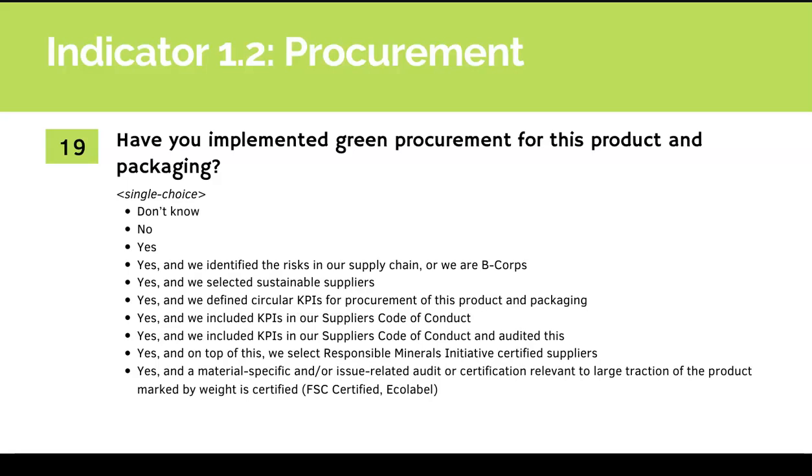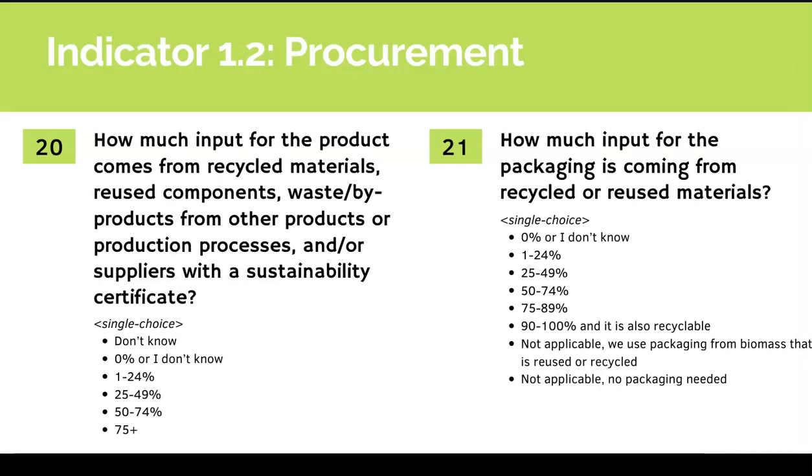The first question within this category is asking whether you have implemented green procurement for this product and packaging, and also whether you can substantiate it, whether you are part of a transparency initiative, or if there are KPIs that are designed for circular procurement, whether circularity and responsible conduct is part of the supplier code of conduct, and so on.